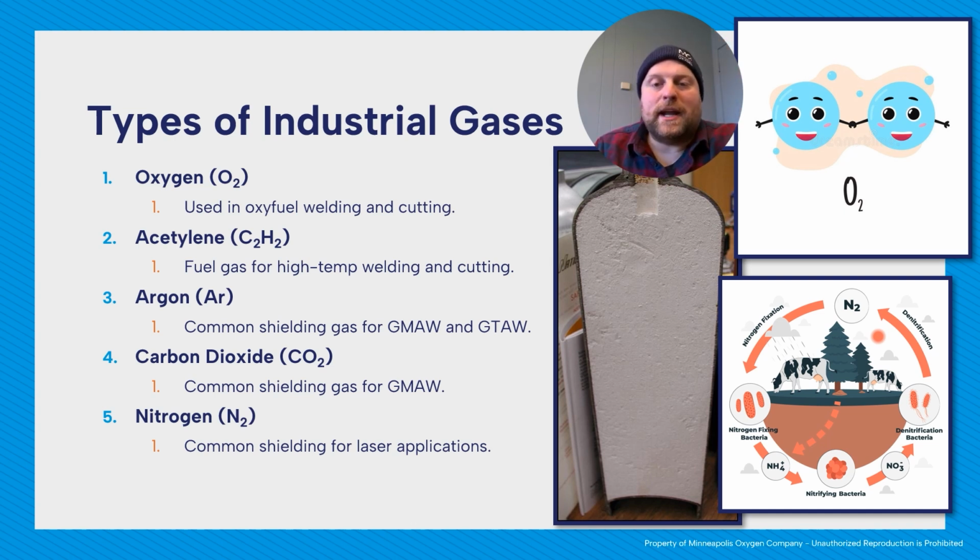Right below my head here, you see a cylinder that's cut in half. That's actually an acetylene cylinder. Acetylene is a gas, but as I said before, it's reactive, and so you need to stabilize it. What happens in an acetylene cylinder is it's filled up with that white stuff. That white stuff a lot of times is called diatomaceous earth, which you might not have heard of, but you've probably seen it before.